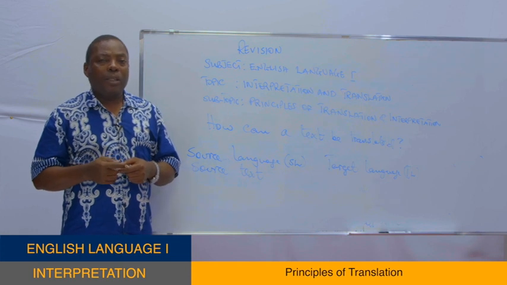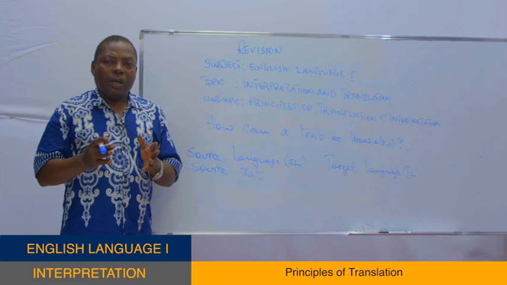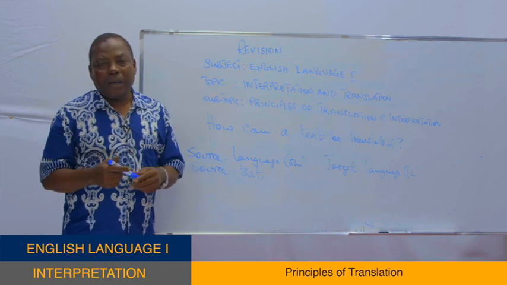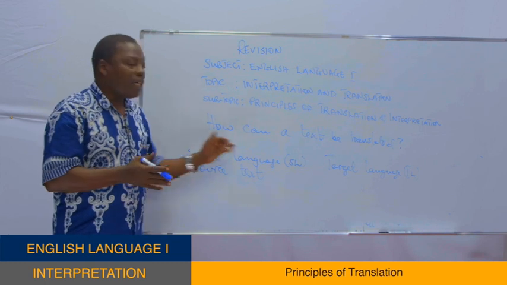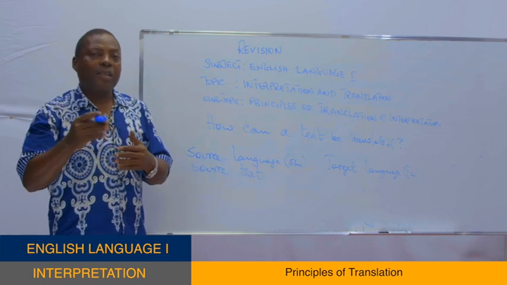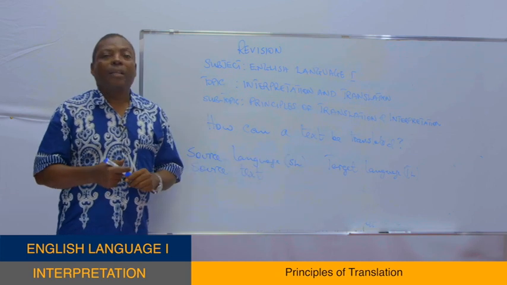It doesn't matter which language comes first and which comes later. The one that comes first is referred to as the source language, and the one that comes later, after the text has been transformed in its idea or meaning, is the target language.